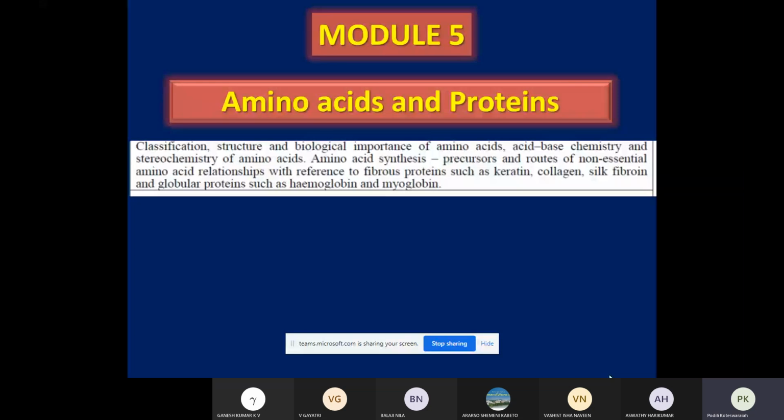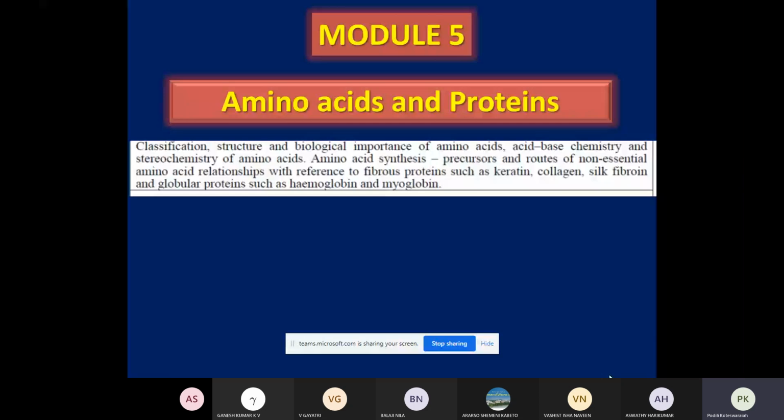Then in glycoconjugates, we discussed proteoglycans, where the glycosaminoglycans are covalently linked to proteins, and these proteoglycans have various functions. I will be recording a separate lecture on different types of proteoglycans so that you can see it later.